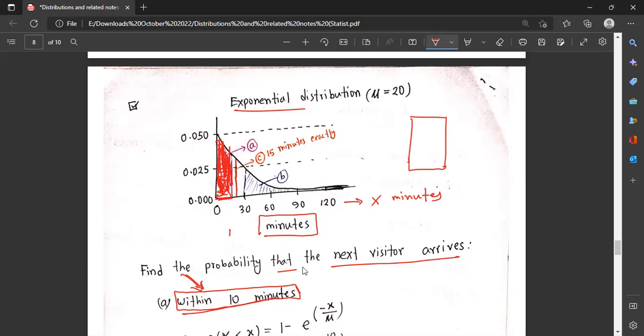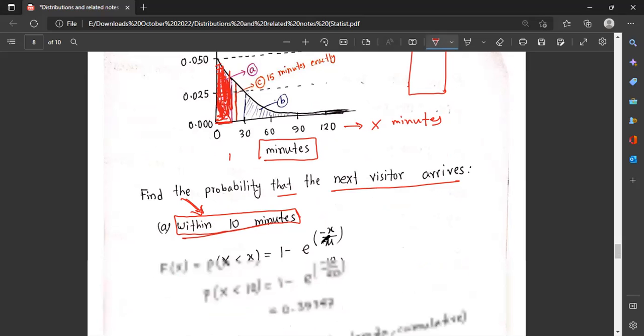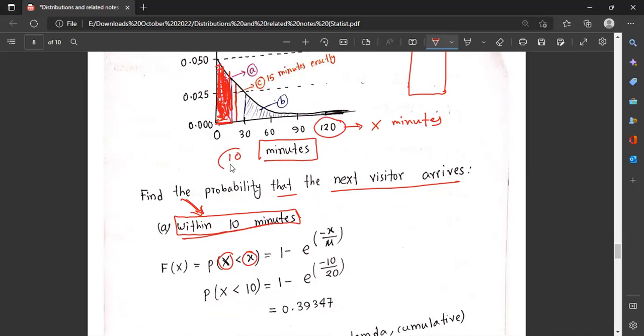Find the probability that the next visitor arrives within 10 minutes. So here x is 10 minutes, and we have 120 minutes, so 10 minutes is less than 120 minutes.